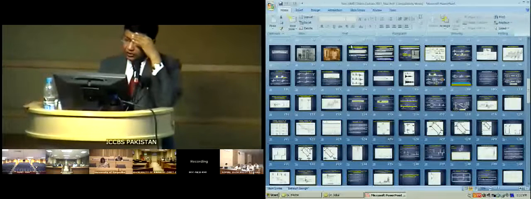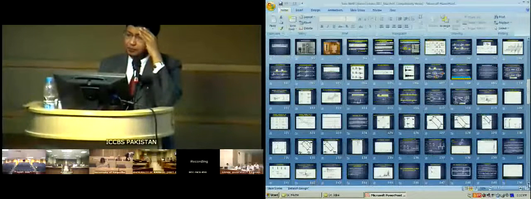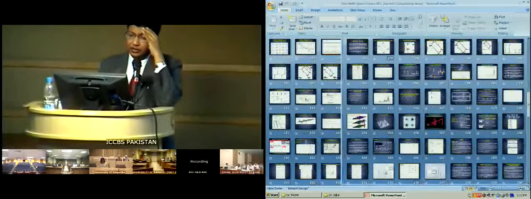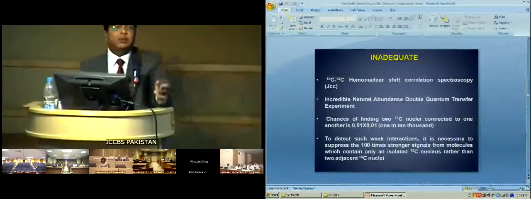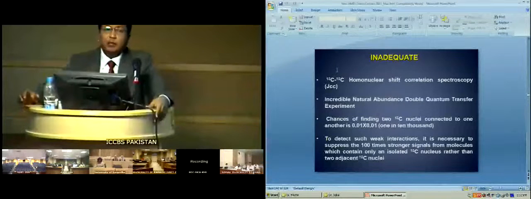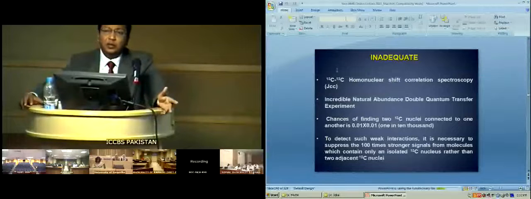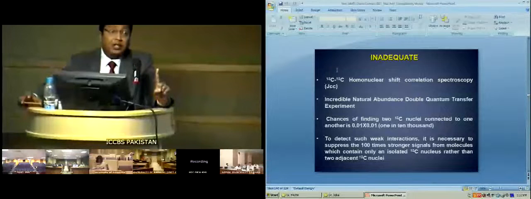Now I want to ask you a question. The possibility of having carbon-13 is 1.1%, but if you have a situation in which you would like to see two carbon-13s together, one after the other, the possibility is 1.1 times 1.1, about 1 in 10,000.